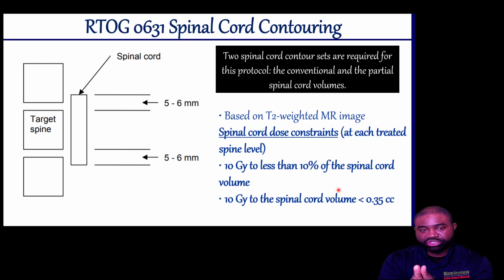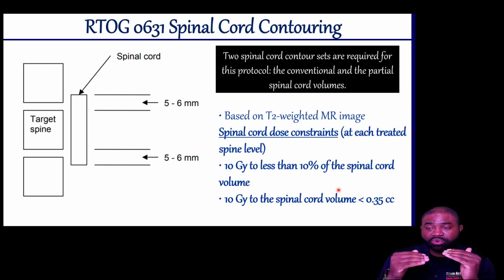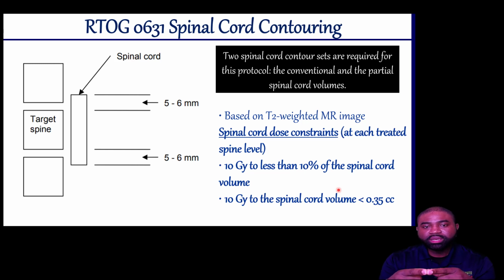The dose constraint to the partial cord is 10 gray to no more than 10% of the spinal cord volume as defined from 6 millimeters above to 6 millimeters below the target. The absolute cord dose is 10 gray to a spinal cord volume of less than 0.35 cc.